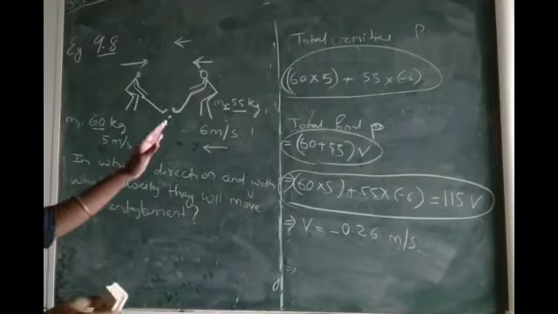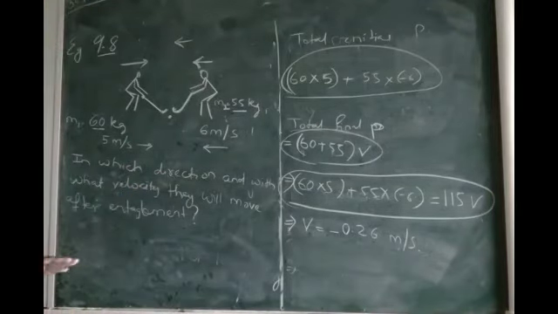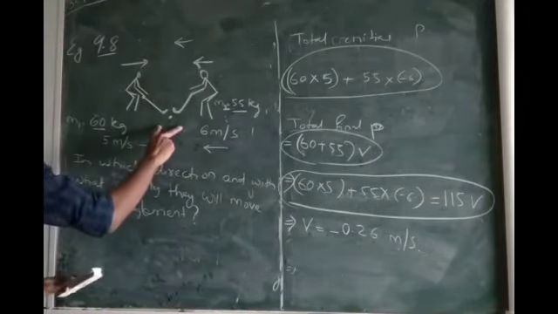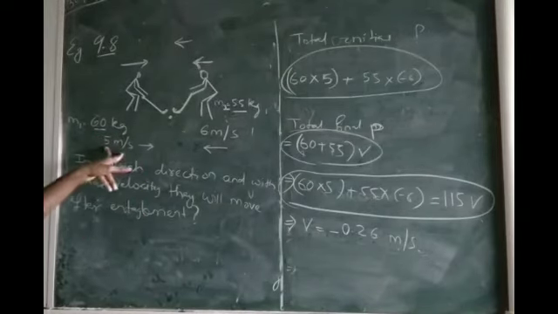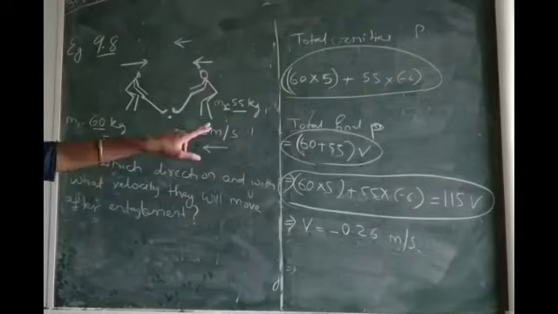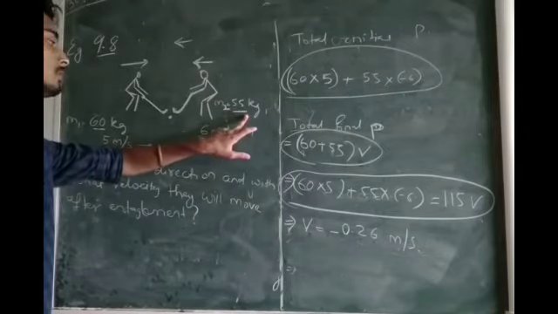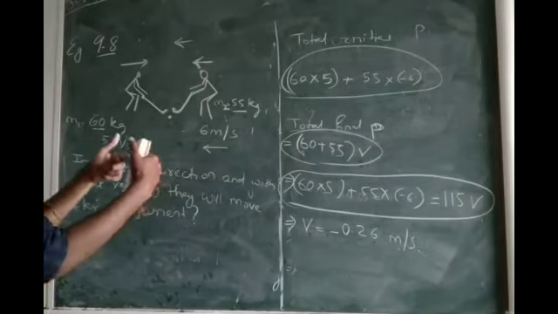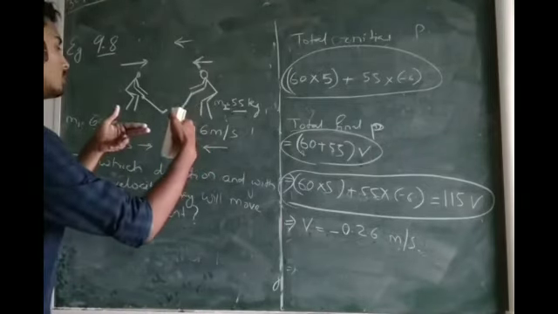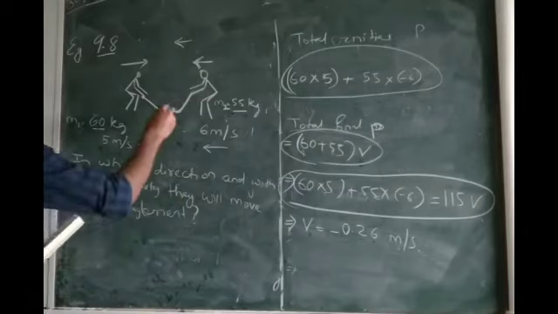So now let us understand it one more time. Two hockey players are given. One has mass 60 kg, moving with velocity 5 meter per second towards the ball, and the other has 55 kg mass and is moving towards the ball with 6 meter per second. Both are moving opposite to each other and they will get entangled.